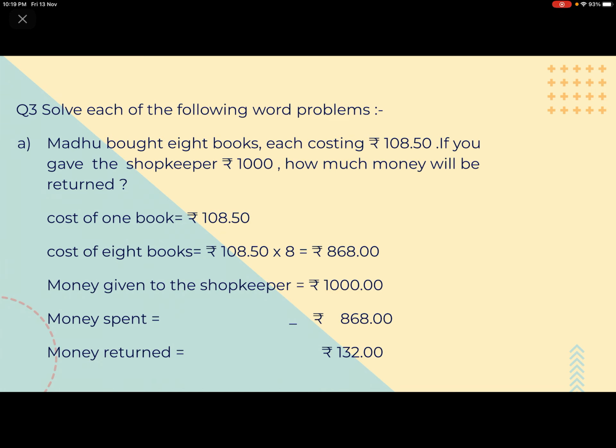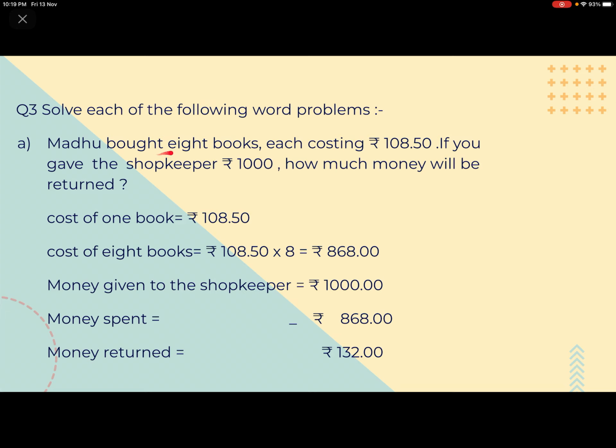I'll move to the statement sums further mentioned. Solve the following word problems. Children, you can write your word problems in your dash format, right? So the first question, Madhu bought 8 books, each costing rupees 108 and 50 paisa. If she gave the shopkeeper rupees 1000, how much money will be returned? Now one book, each means 1. What does each mean? Each means 1. So one book costs rupees 108 and 50 paisa.